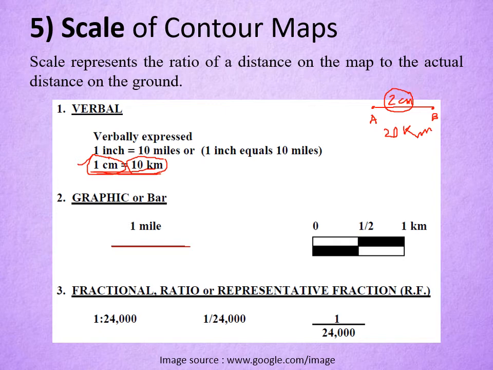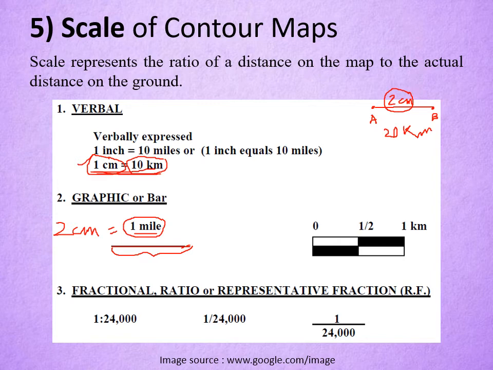So if I draw this linear line and above it we write 1 mile, that means this much distance in my contour map represents the original distance in the ground as 1 mile. Suppose this one is 2 centimeter in your map, so in verbal scale it is represented as 2 centimeter in your map is equal to 1 mile in actual.